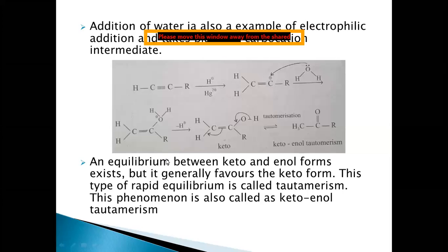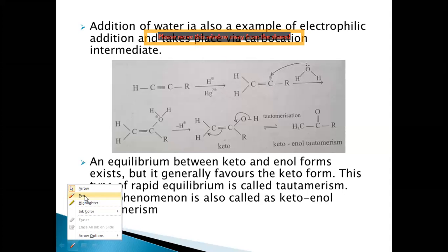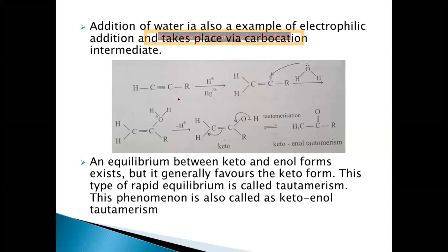When we see the mechanism of the addition of water to the alkyne, in the first step the H plus will add in such a way that it results in the formation of a more stable carbocation, a vinyl carbocation. In the second step, water will add onto this carbocation, followed by deprotonation, that is H is removed, resulting in the formation of the keto form, which is in equilibrium with the enol form.